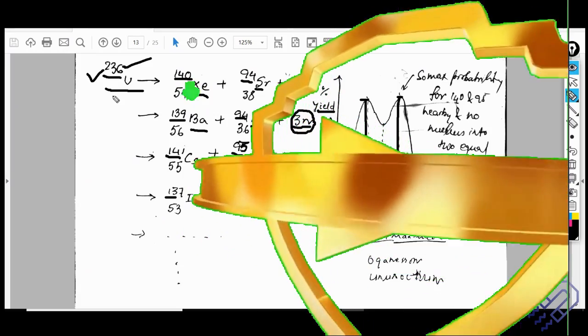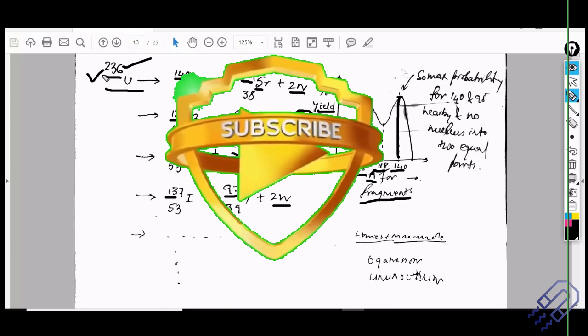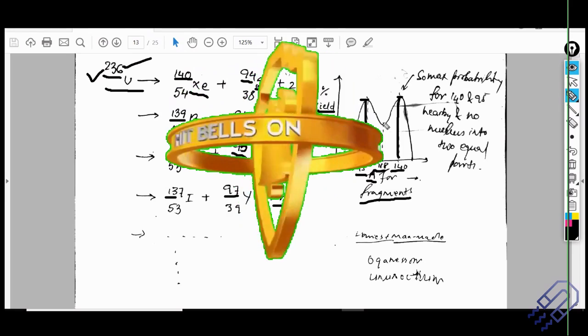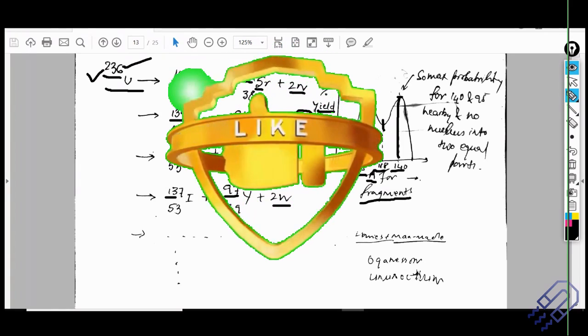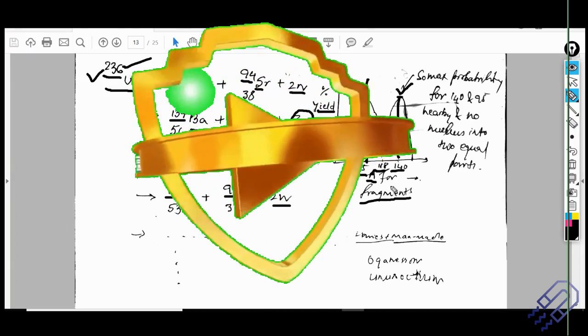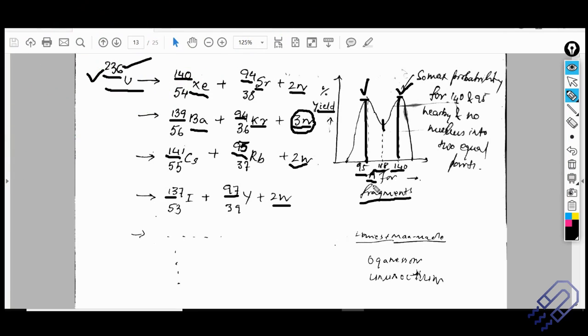If you consider 236 breaking into two, you can have two fragments of 118 each. But the probability is very low there compared to these higher probabilities. The chances of fission fragments having 95 and 140 are higher, and that is the reason that whenever a fission reaction happens, you get two elements with mass numbers near about these. So this is more or less probabilistic in nature.